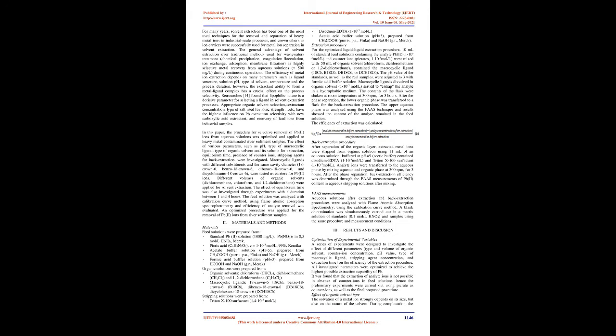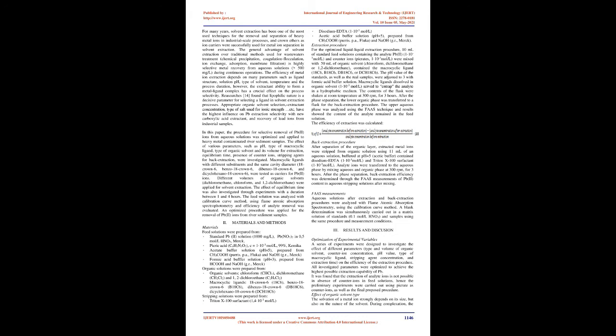Appropriate organic solvent selection, extractant concentration, type of salt used for ionic strength, etc., have the highest influence on Pb extraction selectivity with new carboxylic acid extractant, and recovery of lead ions from industrial samples. In this paper, the procedure for selective removal of Pb(2+) ions from aqueous solutions was optimized and applied to heavy metal contaminated river sediment samples.